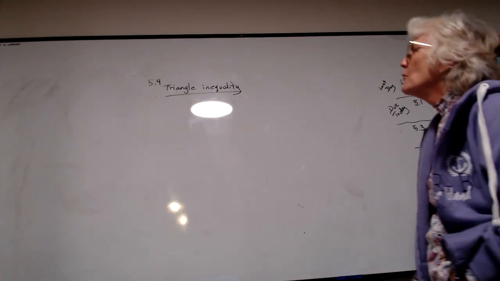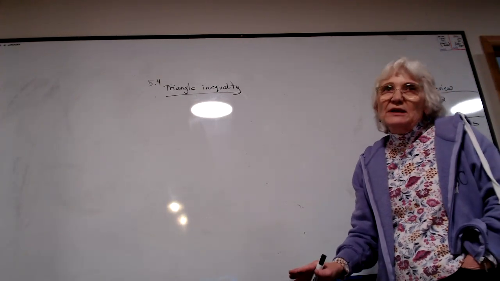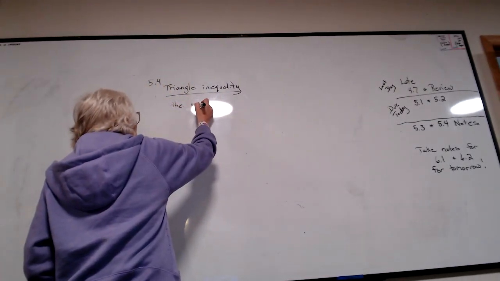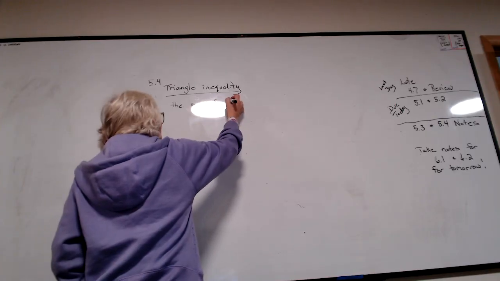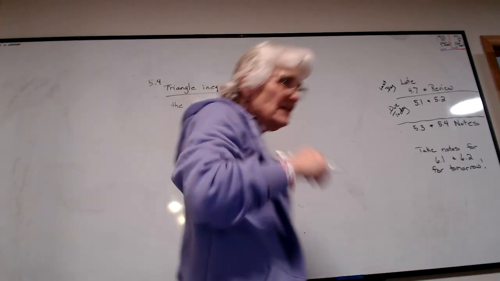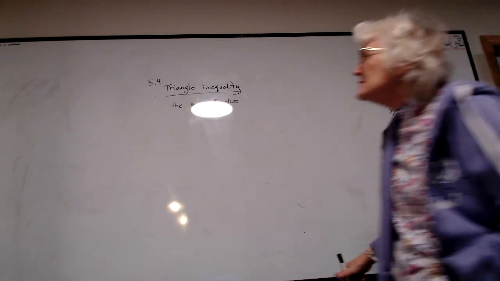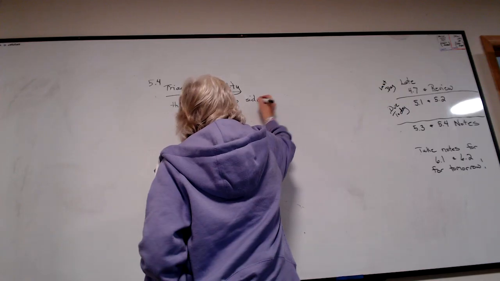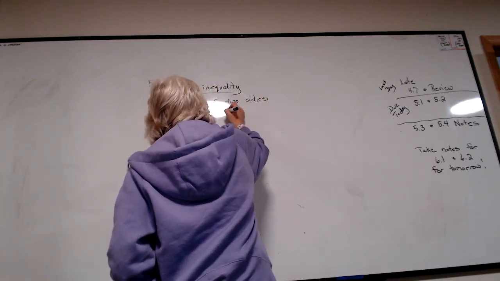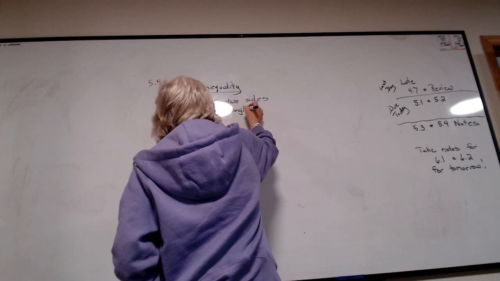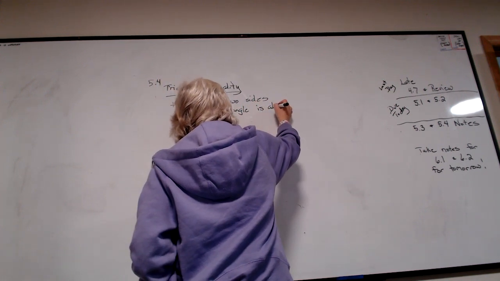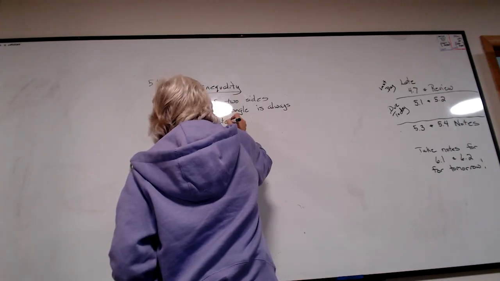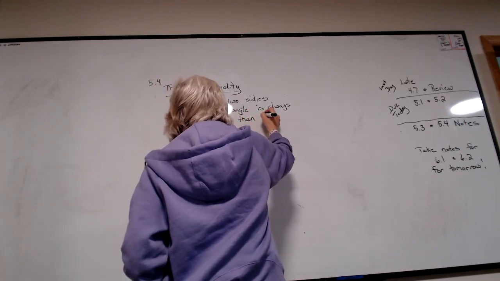Okay, so what this says is pretty easy. The sum of two sides of a triangle is always greater than the third side.